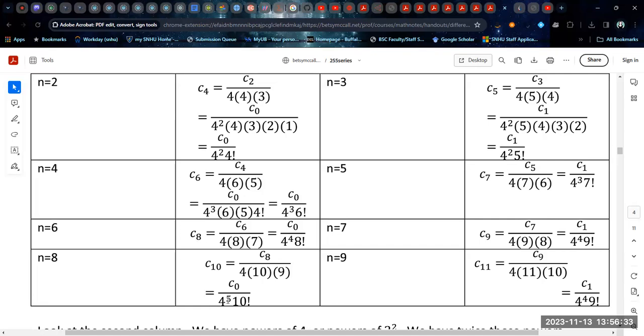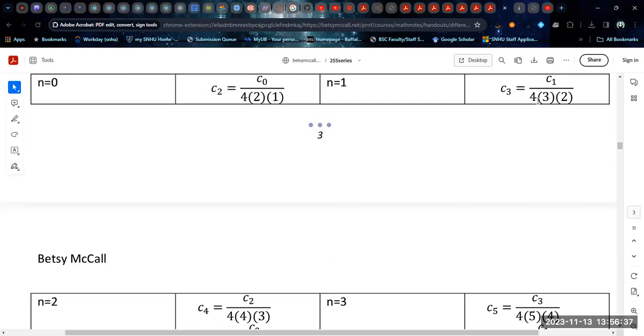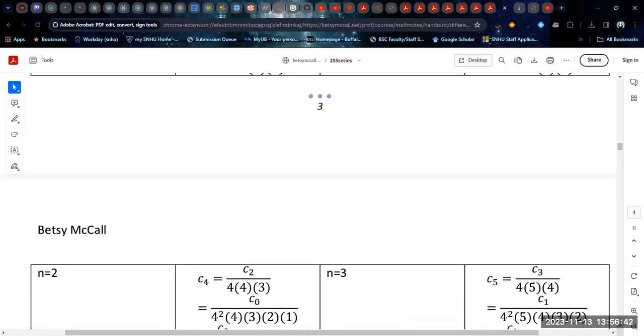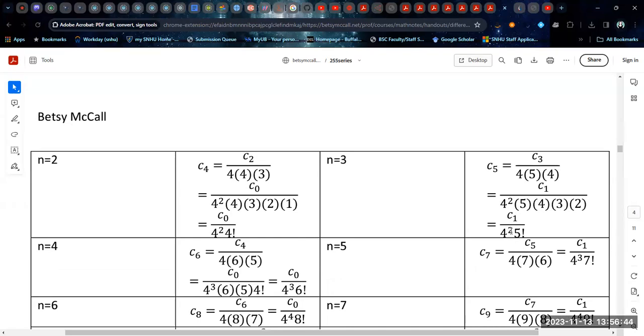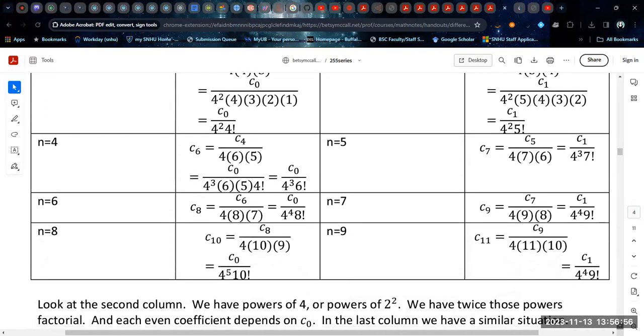Same thing on this side. This looks like 4 times 3 factorial. And then this is 4 squared times 5 factorial. And then this is 4 cubed times 7 factorial. So again, these are all the odd factorials, but the powers of 4 are only going up by 1.